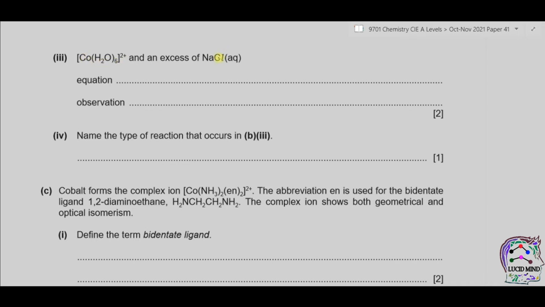Third is the reaction with sodium chloride aqueous. Again we have [Co(H2O)6]2+, and the ligand is Cl negative. So now what will happen, Cl negative can replace water molecules, but as the size of chloride is much larger as compared to the size of these water molecules, only 4 chloride ions will fit around this cobalt.